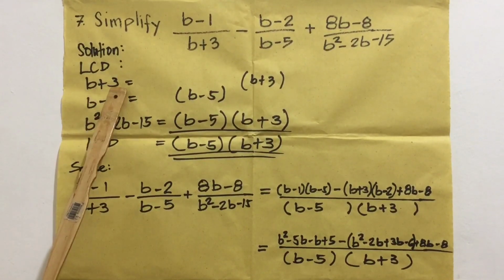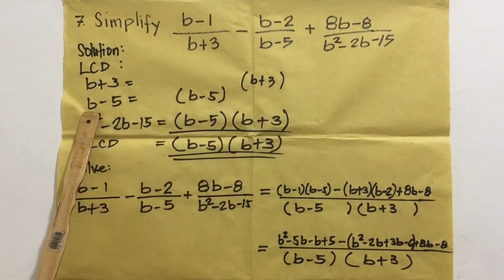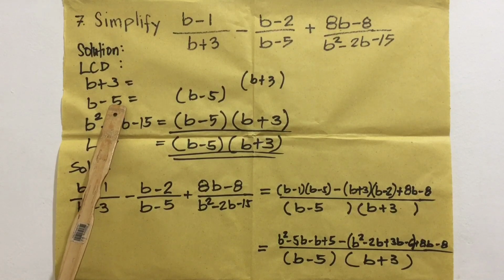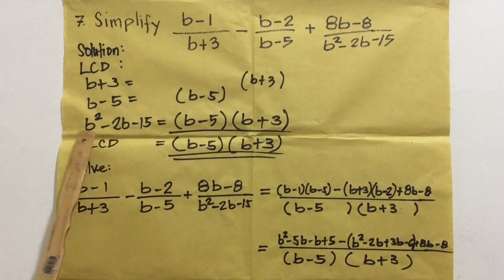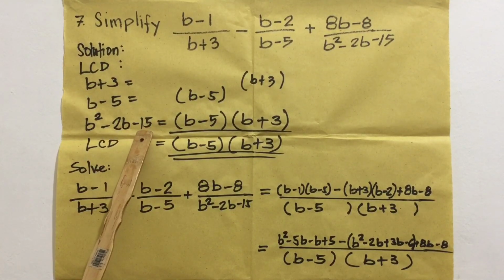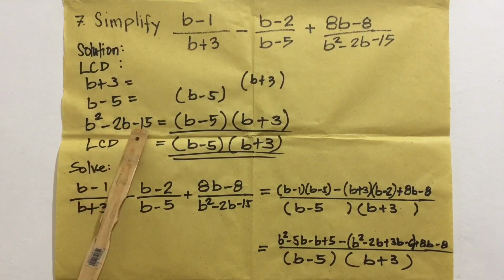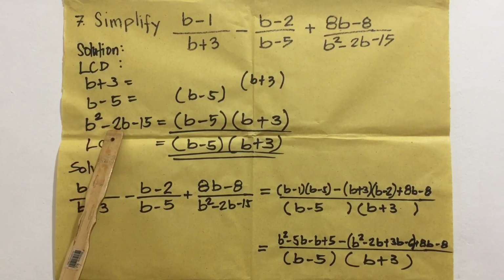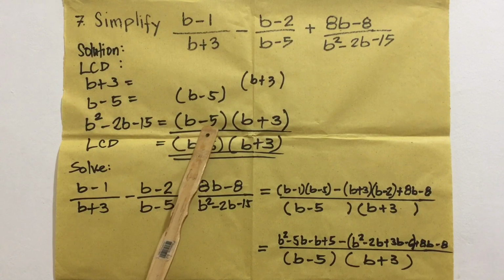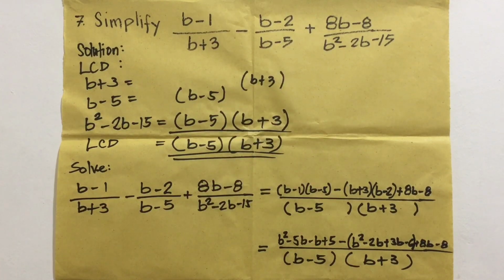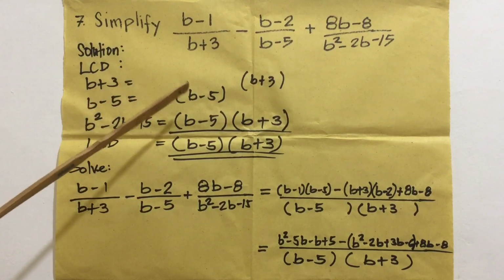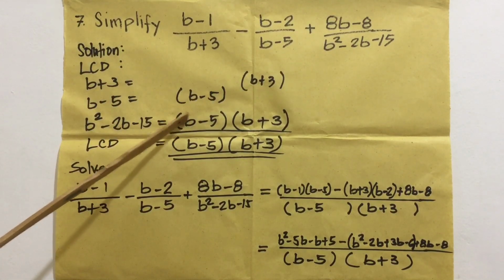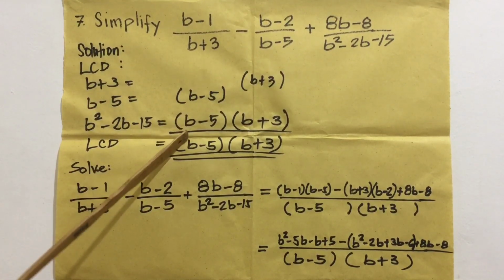The LCD: b plus 3 equals b plus 3, b minus 5 equals b minus 5, and b squared minus 2b minus 15. We're going to factor this: the factor of b squared minus 2b minus 15 equals (b - 5)(b + 3). Then we determine the common factors. We have b minus 5 and b plus 3, so we only take one of each common factor.